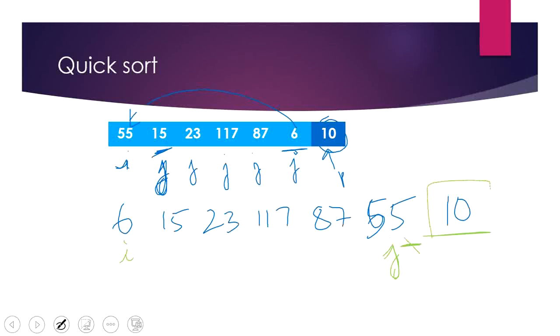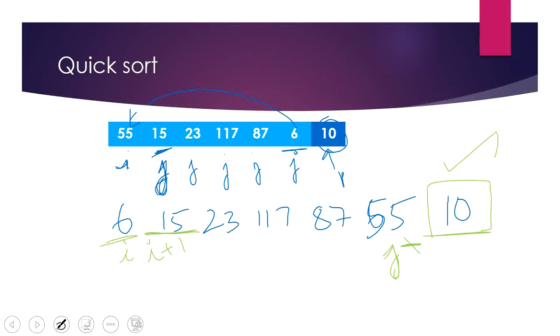Now we have to place our 10 between the elements less than 10 and greater than 10. In this case, I said the job of I is to remember the place where the last element less than 10 ends. Here, the last element which is less than 10 is 6. So the position I plus 1 is the actual position of our pivot element.